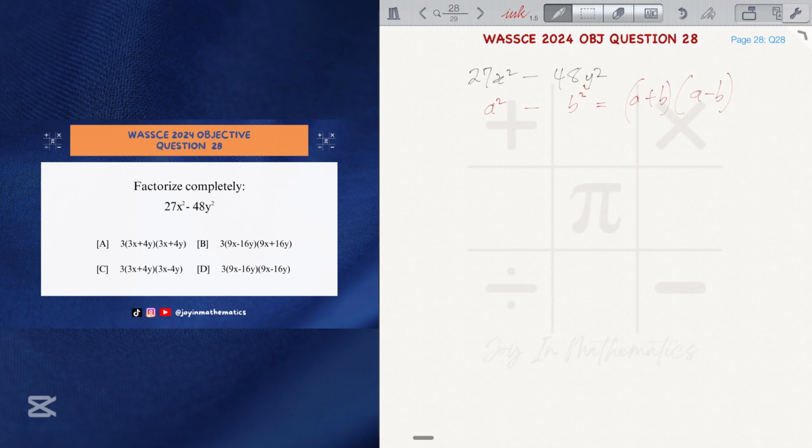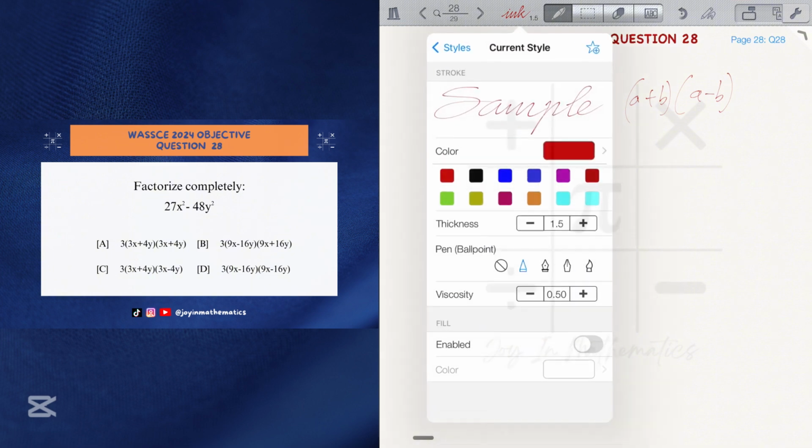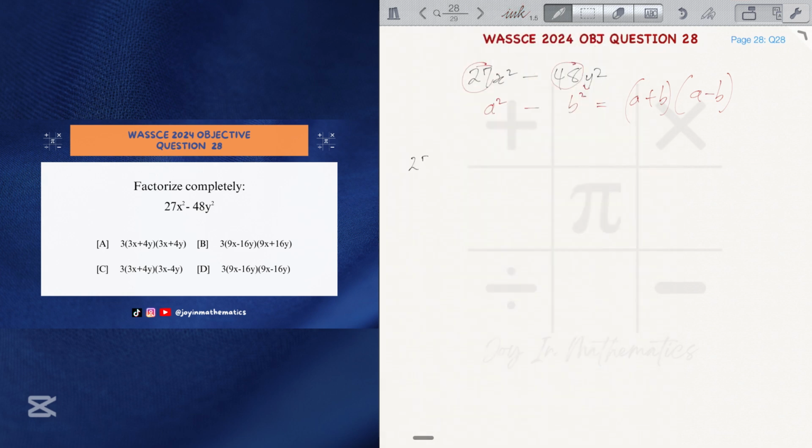So with that done, let's bring this to the format of a difference of two squares. Now if you notice, 27 is not a perfect square, neither is 48. So what we have to do is to simplify such that we will have perfect squares. 27x squared minus 48y squared will factorize by 3.